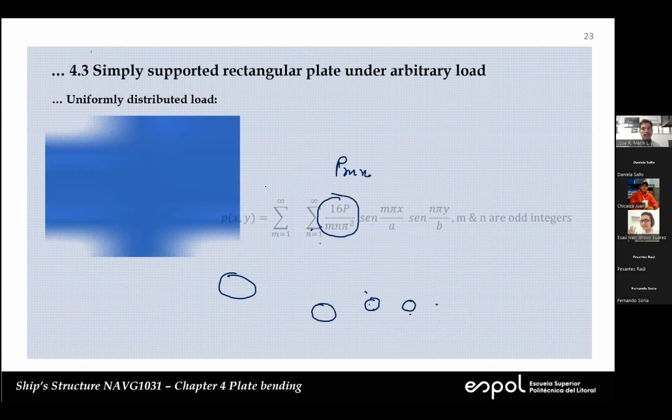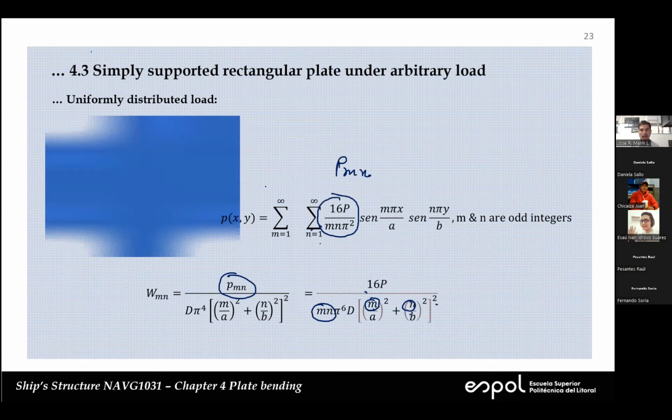Then we can proceed and express this function. This is the amplitude of the load. Now, if you take any of these, that's what we studied in 4.2.